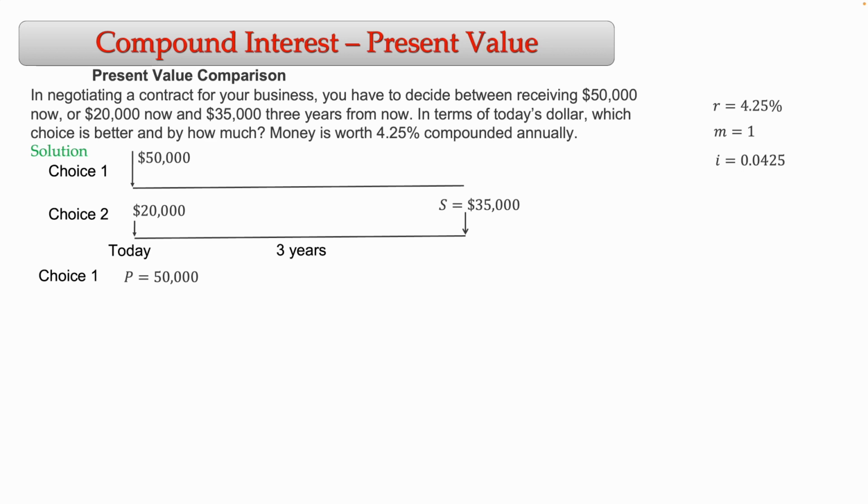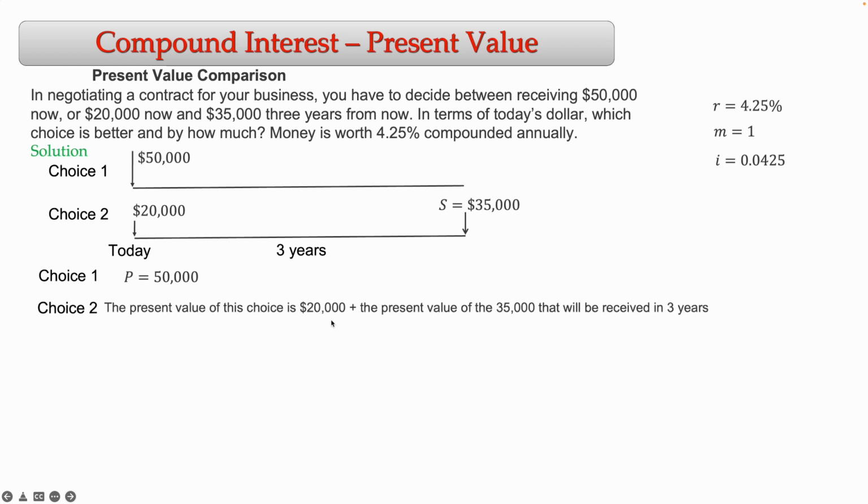So I'm going to compute the net present value, so the present value of everything. So I'm going to compute the present value of 20,000 and the present value of 35,000. But the present value of 20,000 is 20,000 because you are going to receive it today. So for choice 2, the present value of this choice will be 20,000 plus the present value of the 35,000 that we are going to receive later.